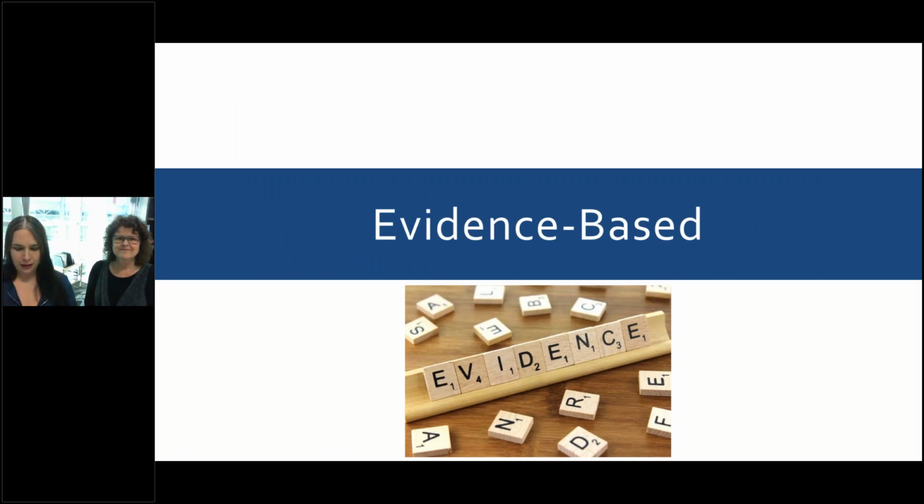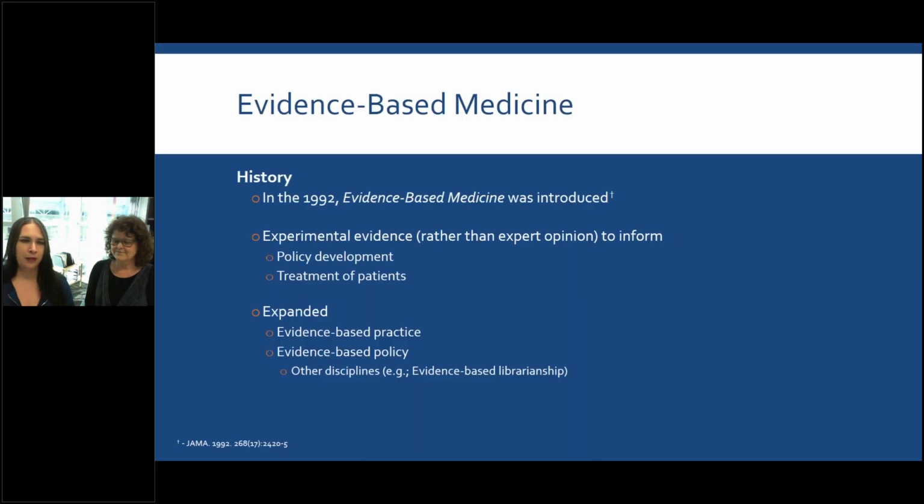So we're going to start with the concept of evidence-based practice. What is it? Where did it come from? What's its history? So in 1992, the concept of evidence-based medicine was introduced. It was introduced as a way of teaching, and particularly focusing on treatment of patients and policy development.